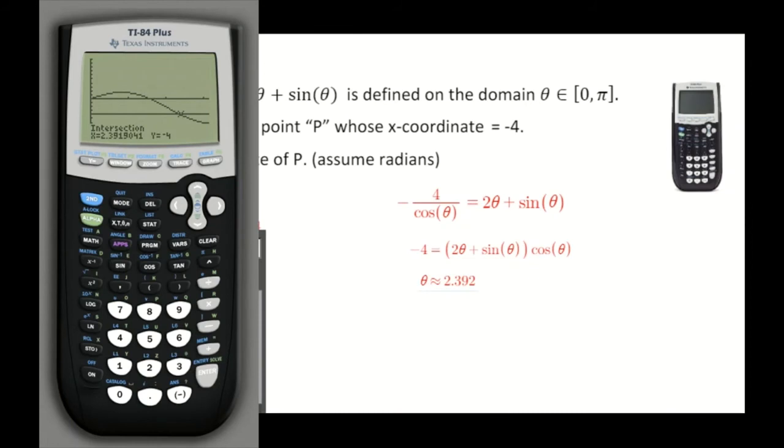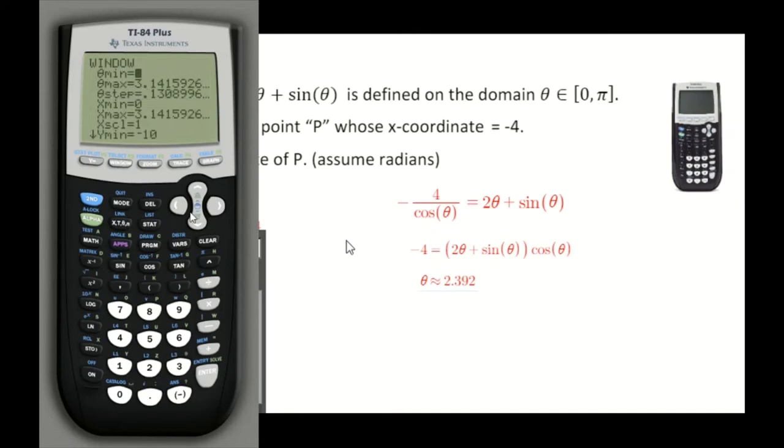All right, so we know what theta is. Now let's hop on back to polar mode, since that's going to give us a better picture of what the graph actually looks like. And I do want to fix this window. I want to go from 0 to pi just so I don't see any extra intersections here.